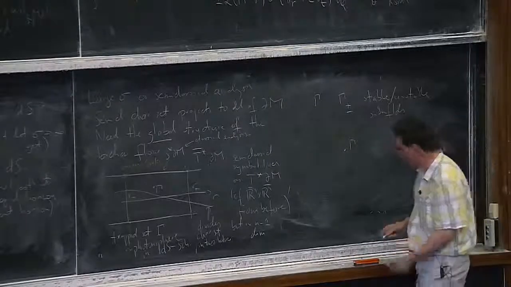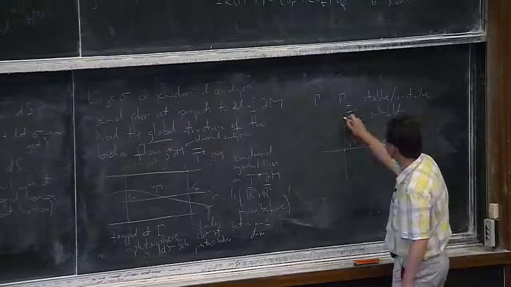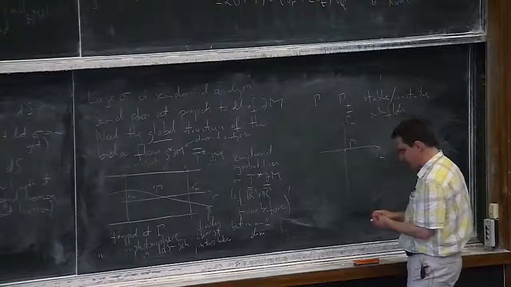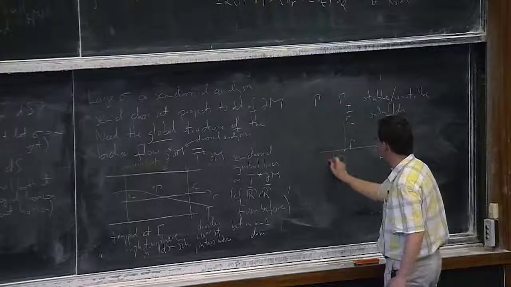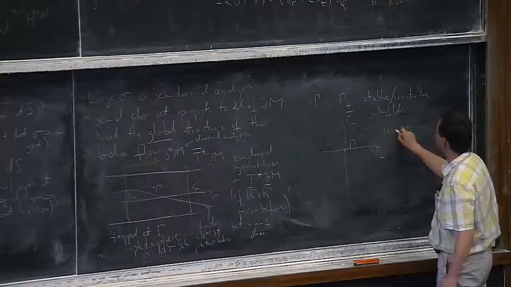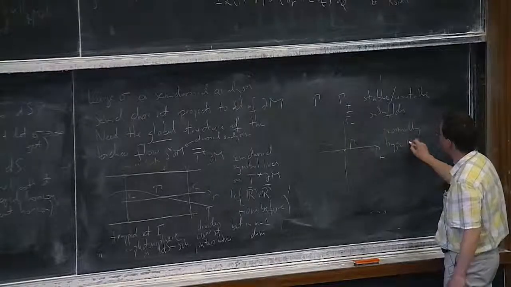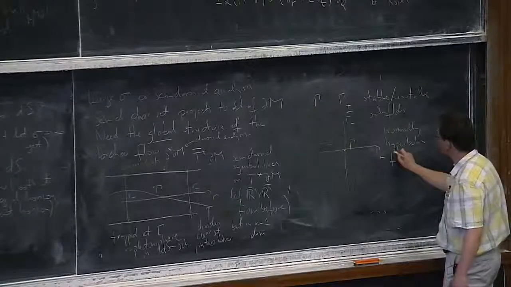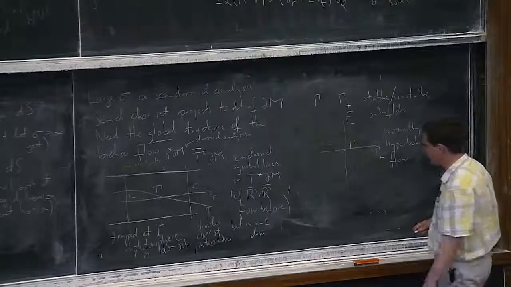But normally, there's a gamma plus and a gamma minus, and I don't know which way I want to have my signs, so let's have them this way. So the flow is like this. It's hyperbolic in the normal direction, so it's called normally hyperbolic flow.